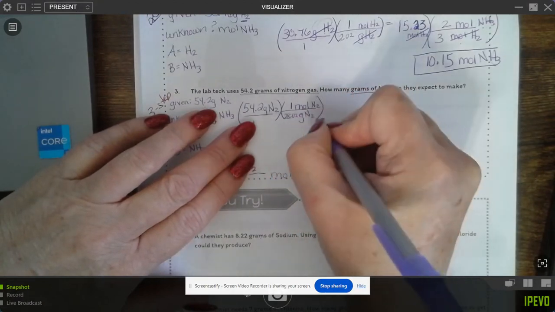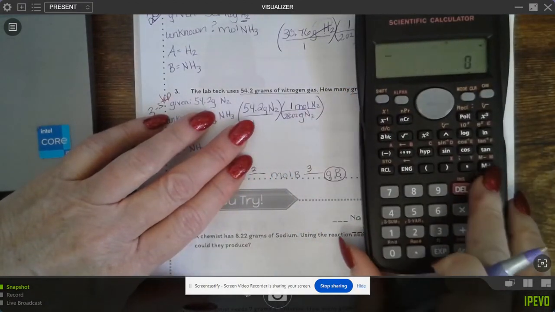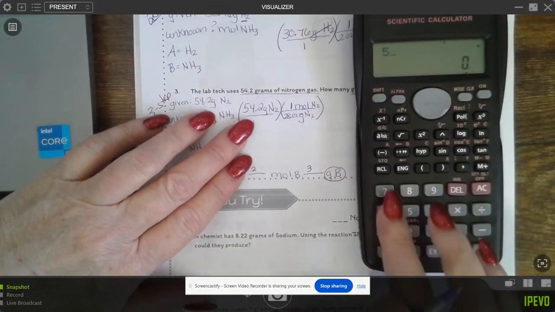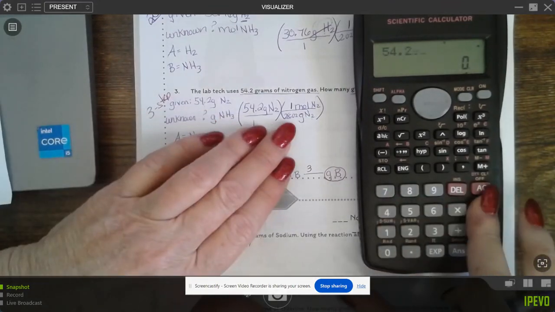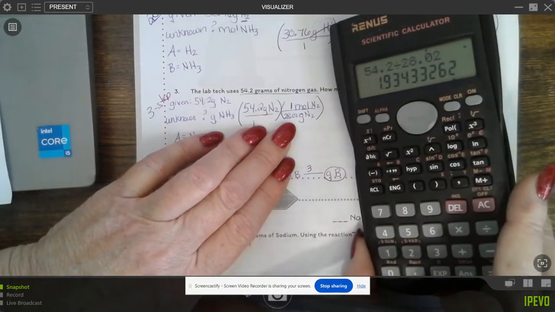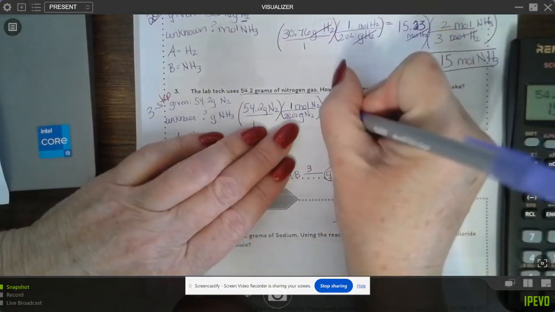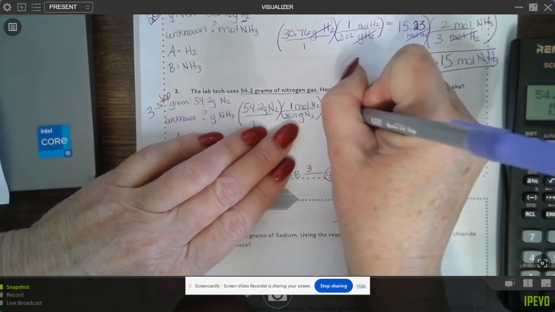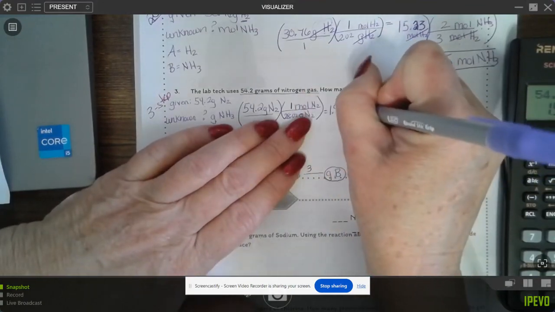If I do that math, 54.2 divided by 28.02 gives me 1.93. And that's moles of N2.